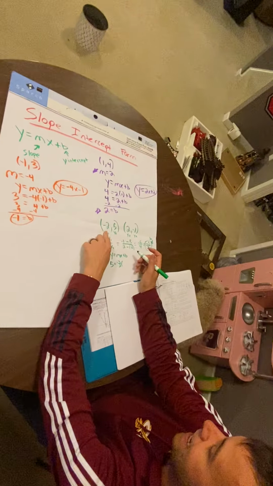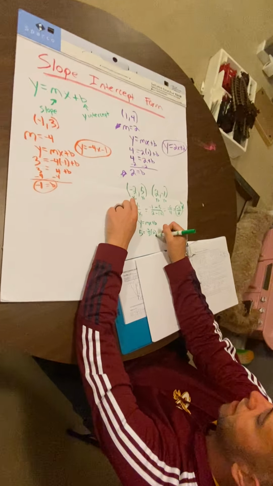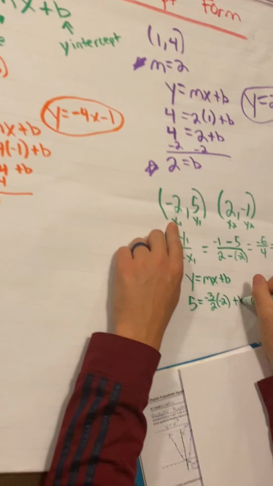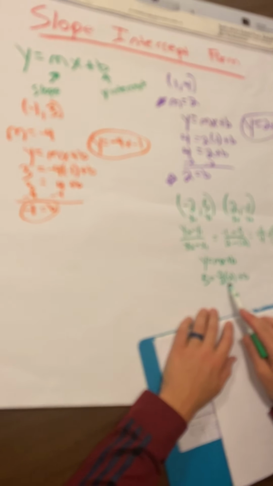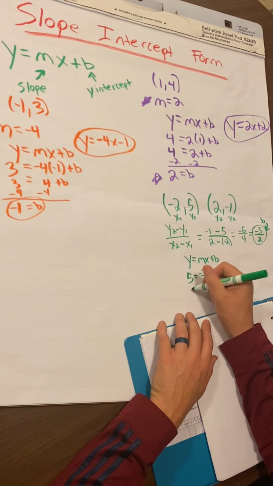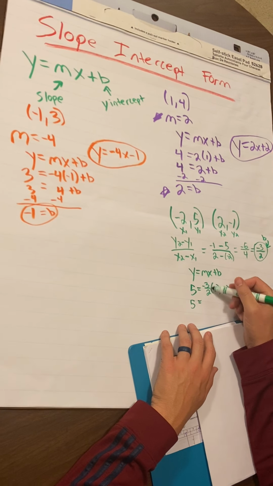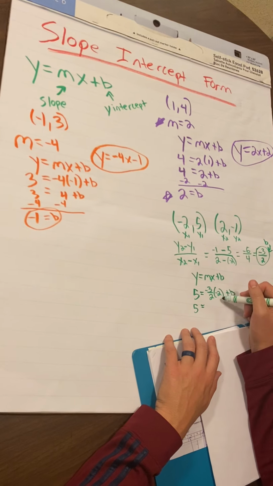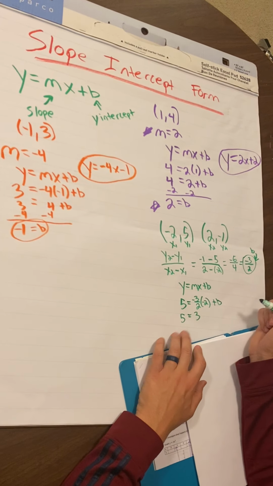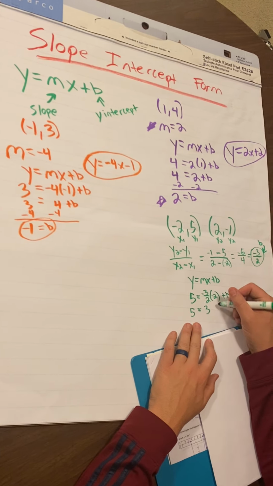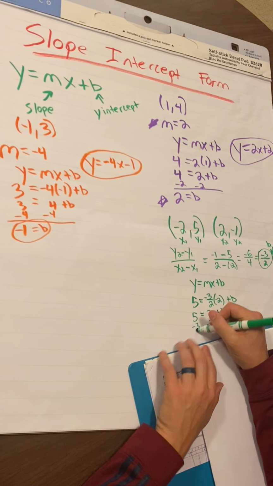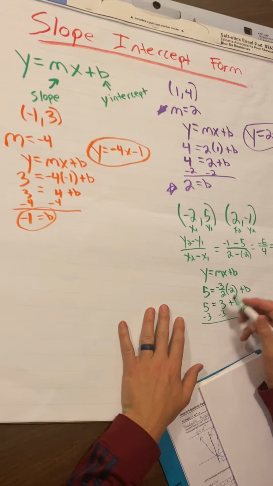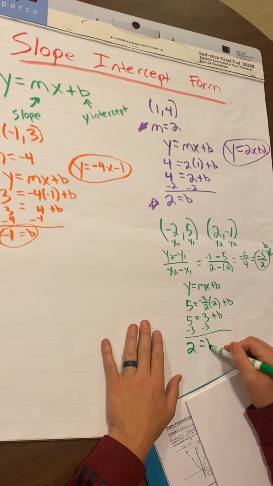We have to use this x since we use this y. -2 plus b. If you're not sure what this equals, you can simplify it. -3/2 times -2 is +3. So 5 equals 3 plus b. Subtract 3 from both sides. We get 2 equals b.